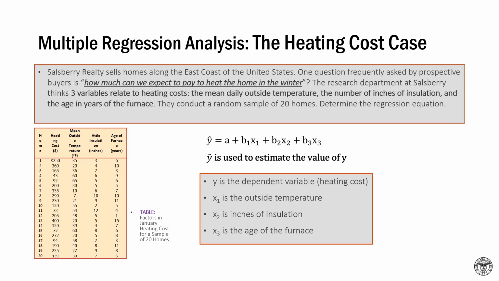Assuming all three independent variables are relevant and should be included in the model, we construct a multiple regression model as shown here. This implies that the heating cost is a function of the outside temperature, insulation thickness, and the age of the furnace in the home.